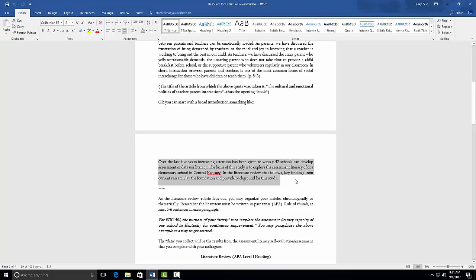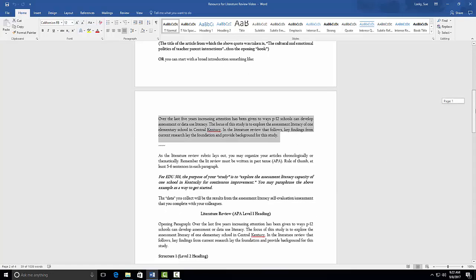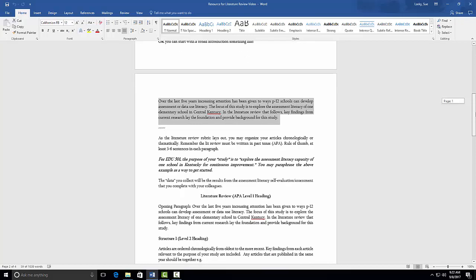In the literature review that follows, key findings from the current research lay the foundation and provide the background for the study. You guys can paraphrase this as much as you need to for your own opening, particularly if you've never done a lit review before. Okay?